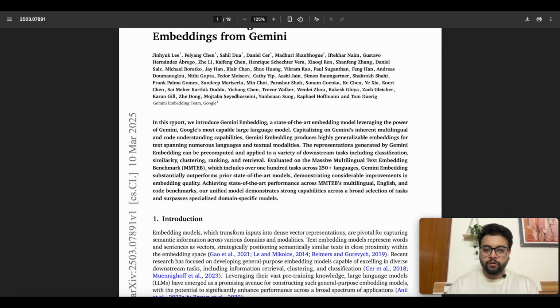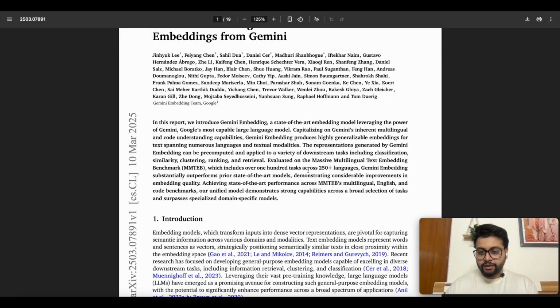I'll just go on to the introduction piece. So basically in this report, we introduce Gemini Embeddings, a state-of-the-art embedding model leveraging the power of Gemini, Google's most capable large language model. And capitalizing on Gemini's inherent multilingual and code understanding capabilities, Gemini Embedding produces highly generalizable embeddings for text spanning numerous languages and textual modalities.